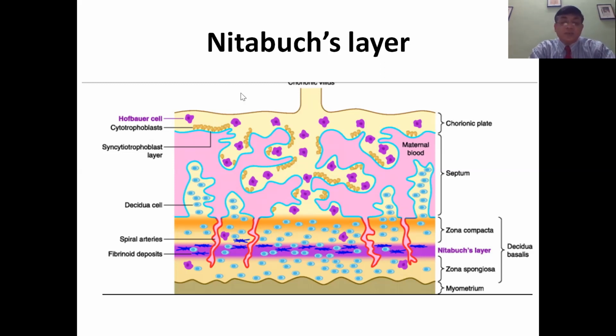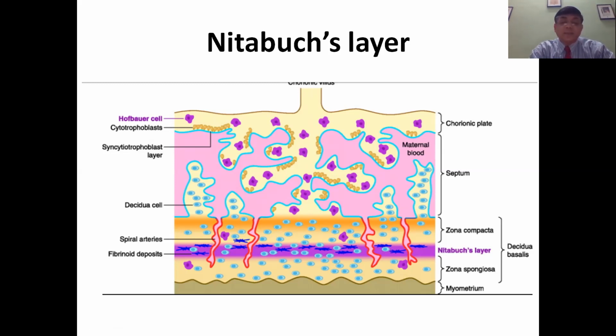Where is this layer formed? This anchoring villi, when it touches the decidua basalis, as you can see here, the cytotrophoblast of the anchoring villi displaces the syncytiotrophoblast.